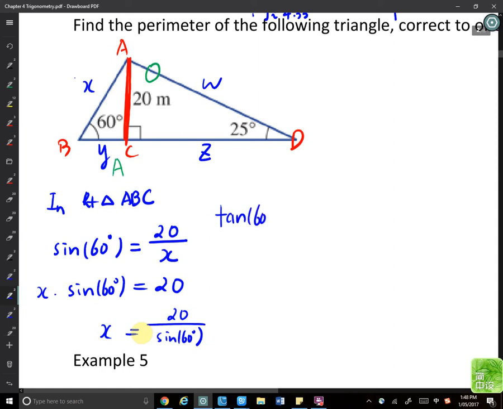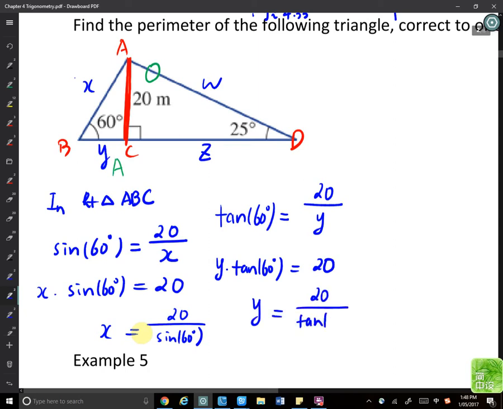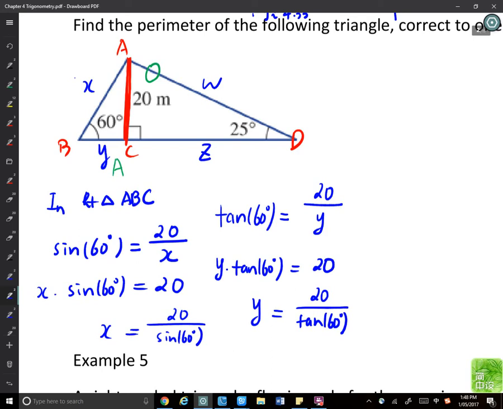So tangent 60 degrees equals opposite, which is 20, over adjacent, which is y. y times tangent 60 equals 20. y equals 20 over tangent 60. I'm not going to evaluate now. I want to add all of them and directly put that into the calculator. There's no point for me to evaluate them one by one. I just put the expression there first.